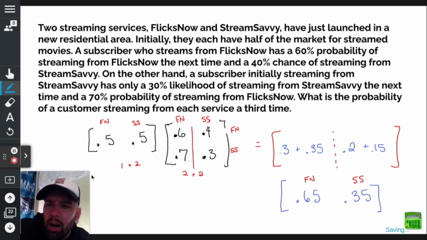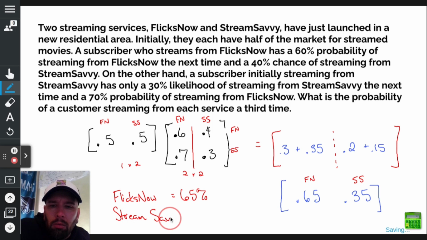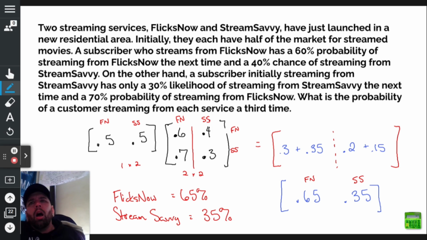So the third time, FlixNow is going to have a 65% chance of somebody streaming, whereas StreamSavvy is going to be a 35% chance. And that actually does it.